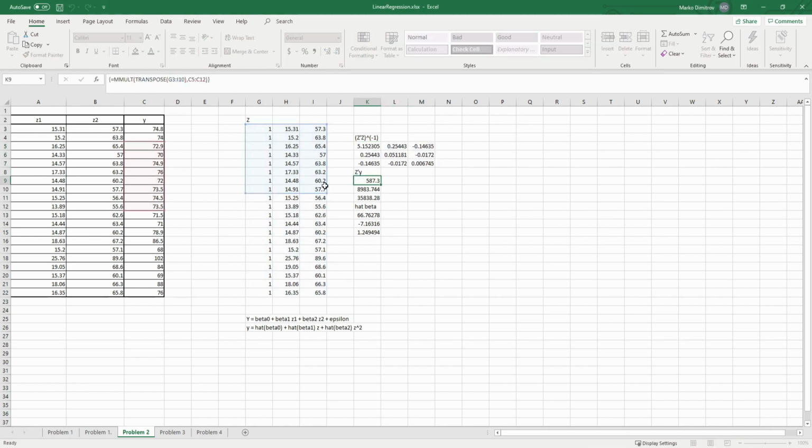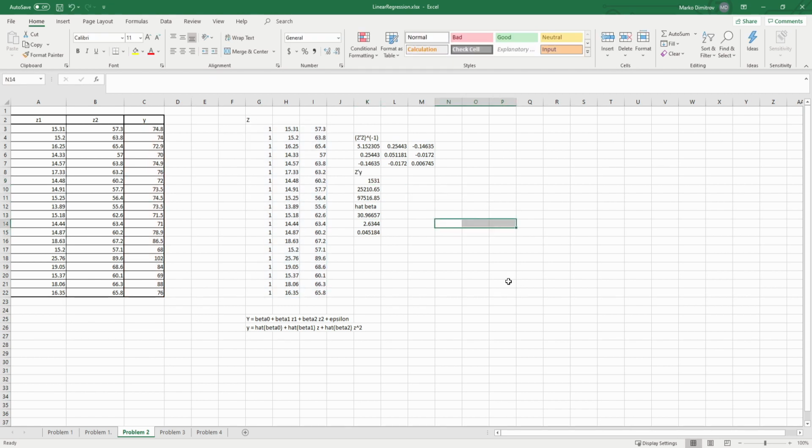This we need to change again. Okay, I'm not selecting twice, and then we get our estimates.